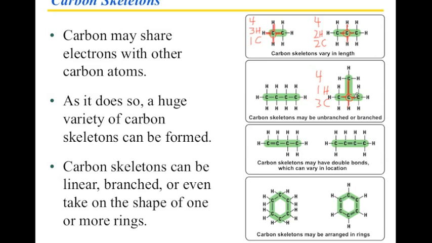So as you can see, this branching changes the configuration. It doesn't change the numbers of hydrogen, doesn't change the numbers of carbon, it's just the configuration. And the interesting thing is that whenever you change these configurations, some weird and wonderful things can happen. Organic chemistry is a fountain of these surprises.